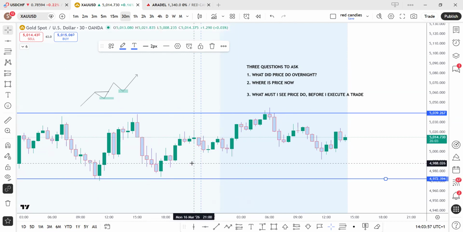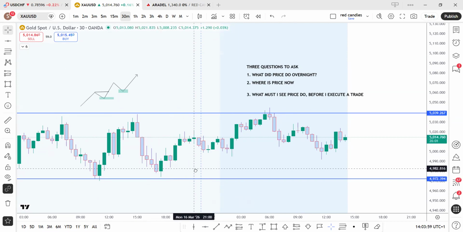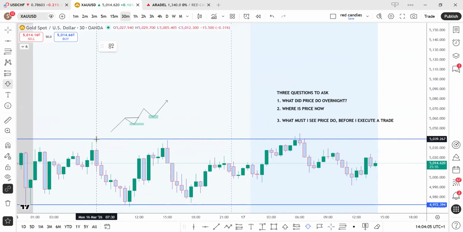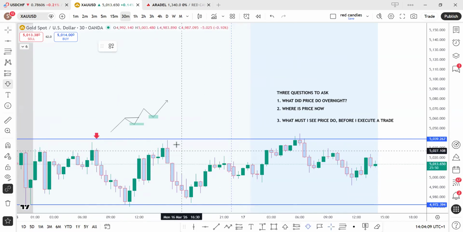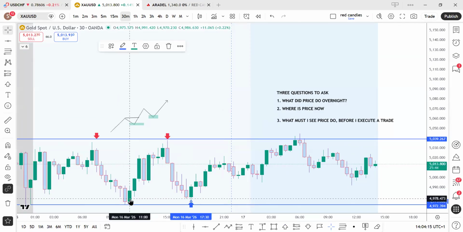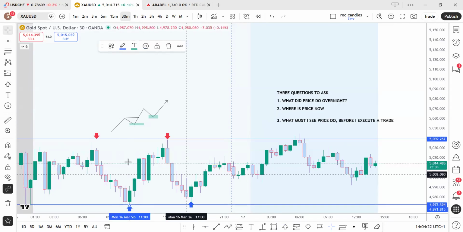And so I'm sure many of our inner circle members, you probably have seen these rejection candles at the tops here, right? And you will have most likely taken a trade, yeah? Or if you saw this nice engulfing candle right here, this one is a combination of candles there, which gives you the engulfing candle, right?